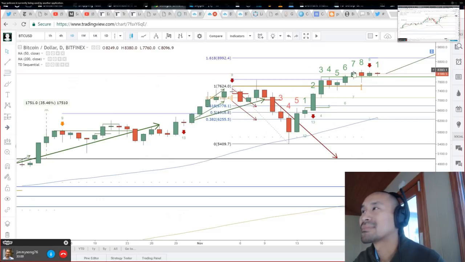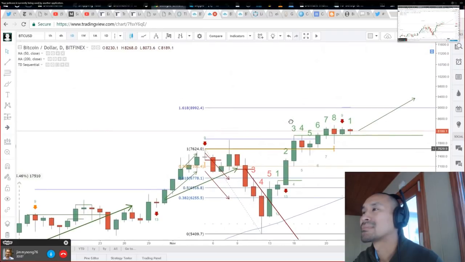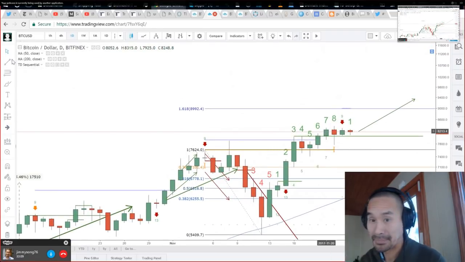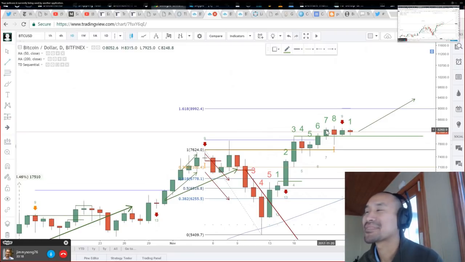Now, the moment you make a new high, I would consider this back to the upside for like another week, right? I'm looking at the closing prices, and to me, this is starting to feel like a quasi-ascending triangle.